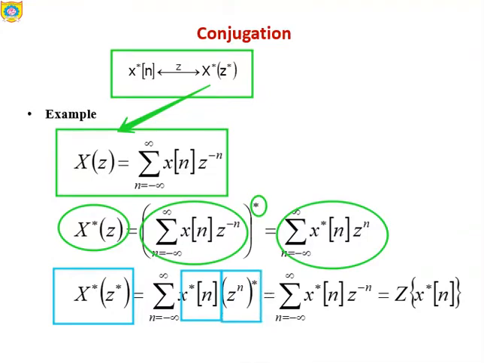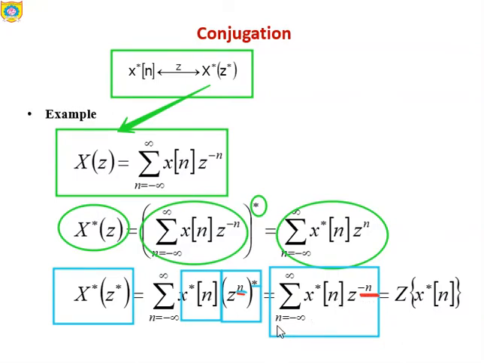Now this star will affect this particular value, that is z raised to plus n. So this z raised to plus n will be changed to z raised to minus n. From plus n, after the application of the star, that is the conjugation, it will be changed to minus n.